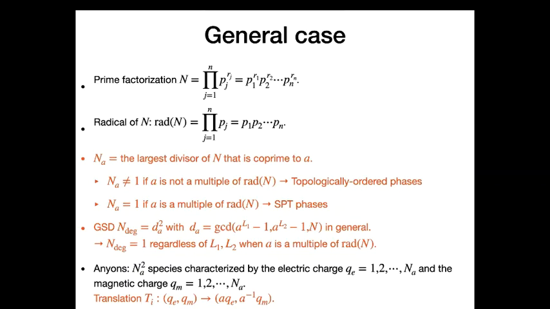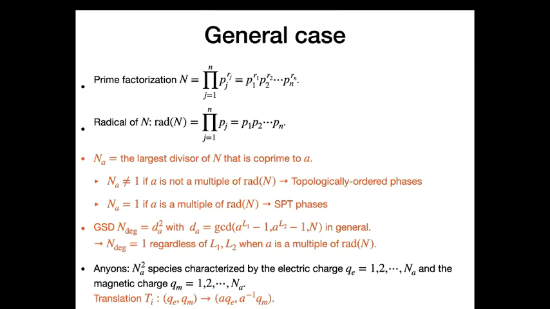Na is the largest divisor of n that is coprime to a. So related to your question, the number of anyons is given by the coprime part of n.